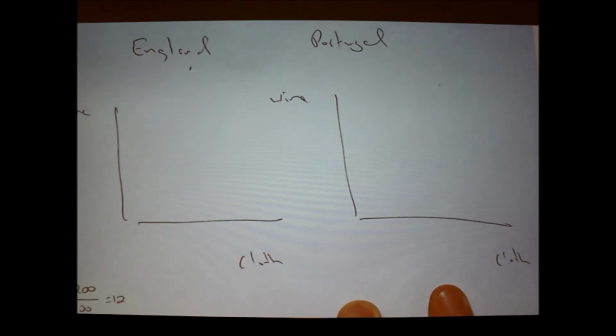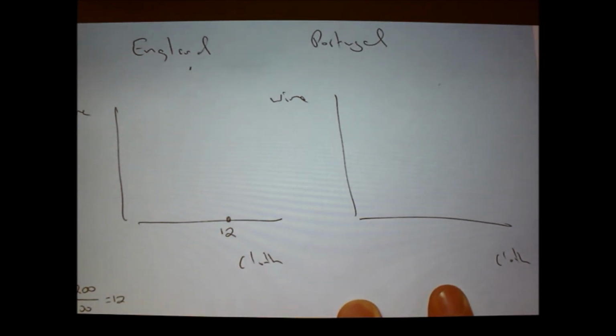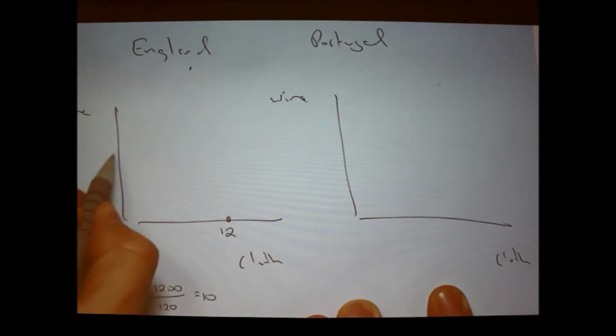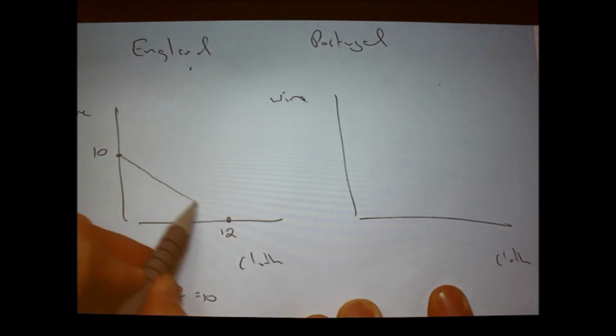So if they use all their 1,200 workers to produce cloth, they can produce 12 units of cloth. If instead they use all their workers to produce wine, well, they have 1,200 workers. It takes 120 workers to produce a unit of wine. They can produce 10 units of wine. So this is England's PPC.